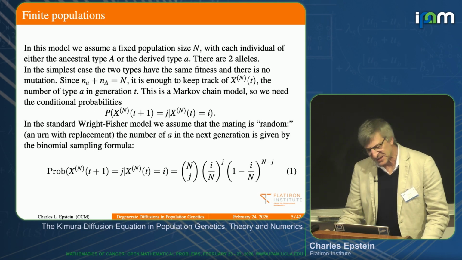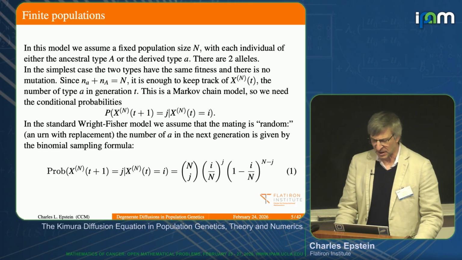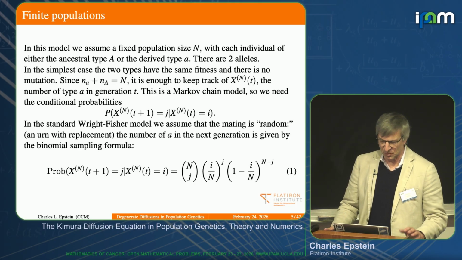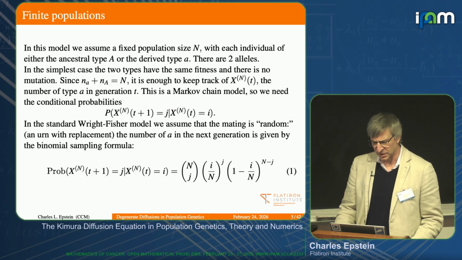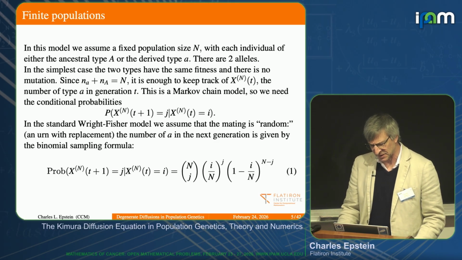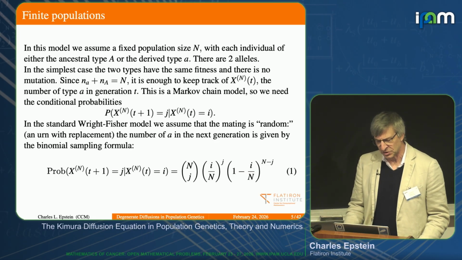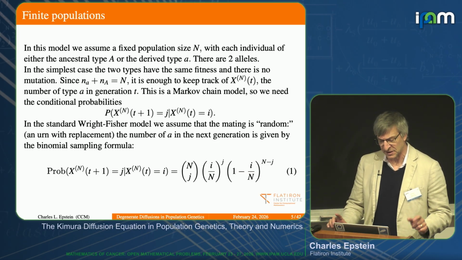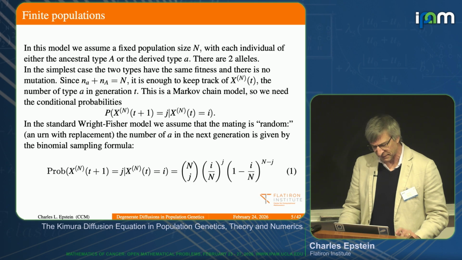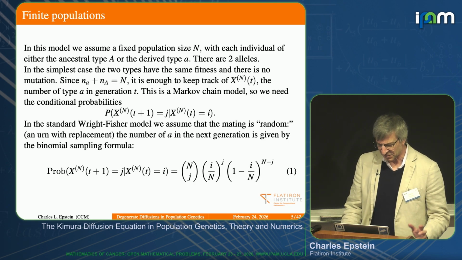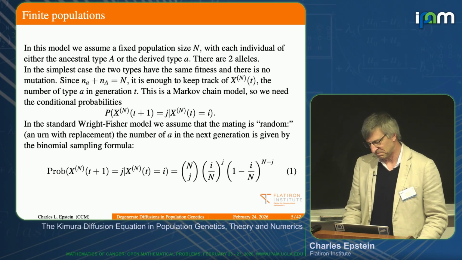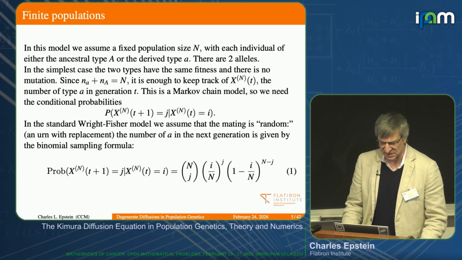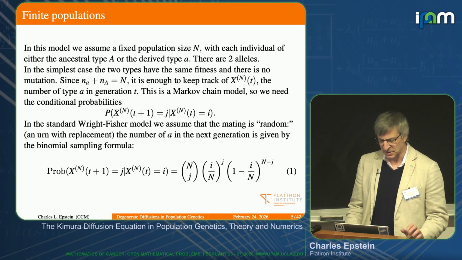Now, the simple model, which is the only model I'll talk about, and it's one of the most important models, is the so-called Wright-Fisher model, where you assume that the population size is fixed. In the simplest case, you assume that you have two types, an ancestral type, capital A, and a derived type, little a. These are alleles. We assume, to start out with, that they have the same fitness and that there isn't any mutation.